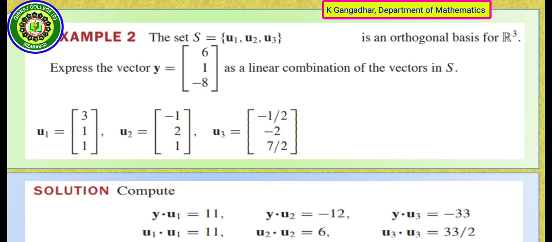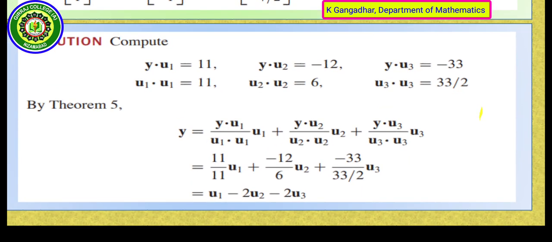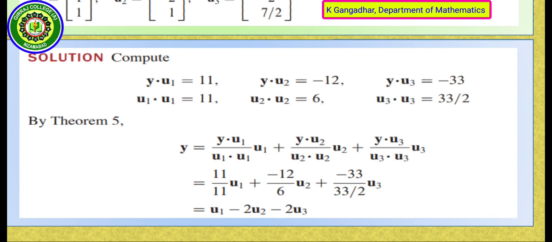So now first we find the values. Directly, the linear combination definition is y equal to y dot u1 by u1 dot u1 into u1 plus y dot u2 by u2 dot u2 into u2 plus y dot u3 by u3 dot u3 into u3.